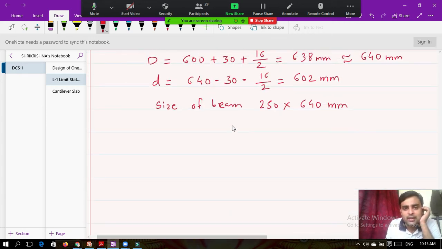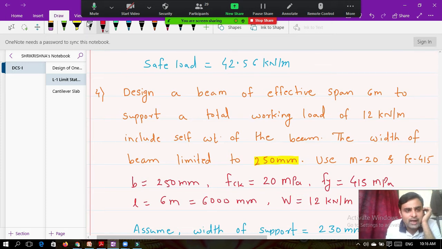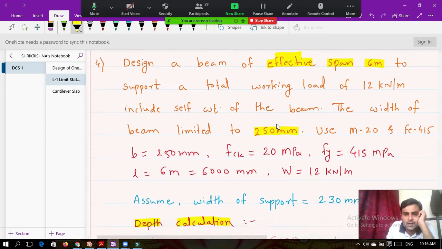But in our case, they have directly given you the effective span. If you see over here, they have not just told you the span is 6 meter, they have given you the effective span. So we are going to take this value as it is.